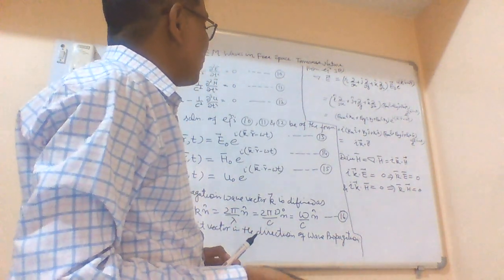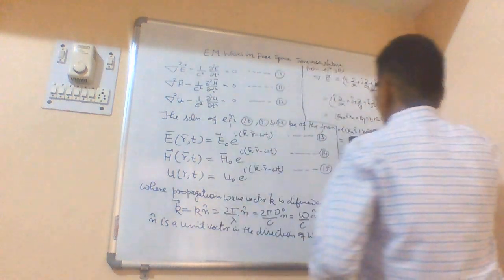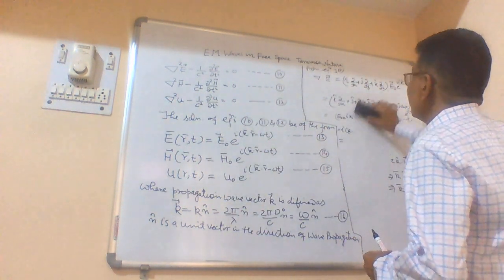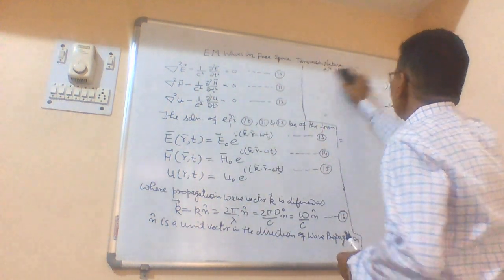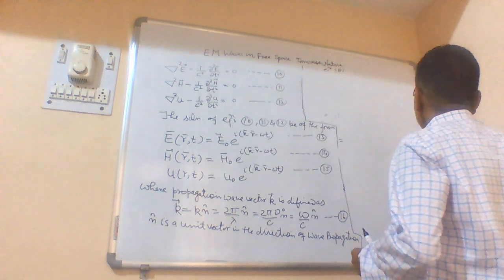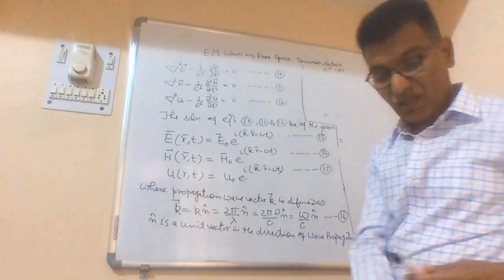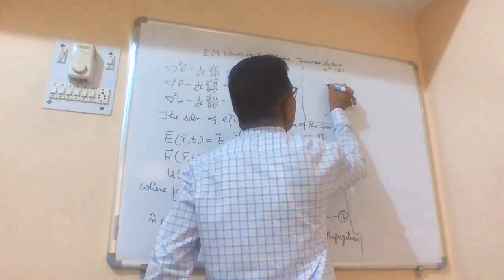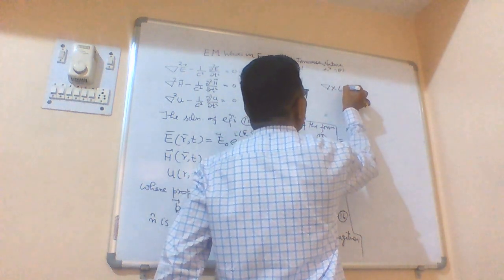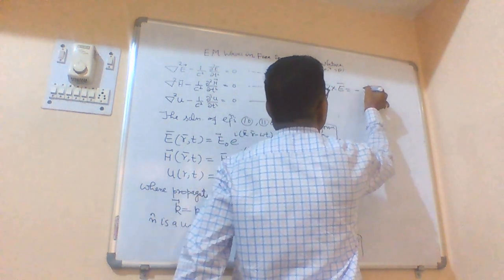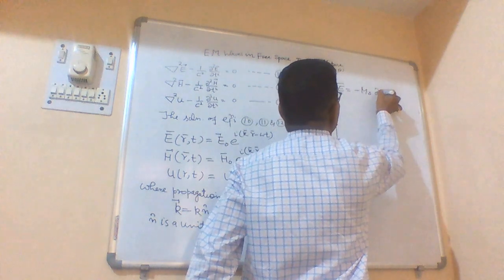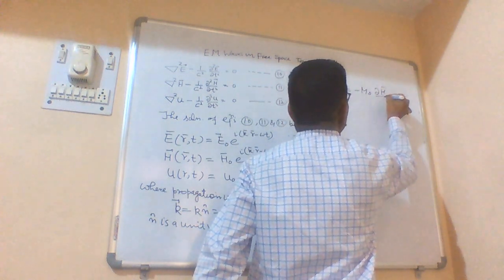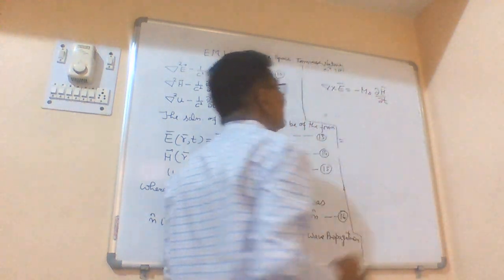Now we will solve equation number 3 C and D. What is equation 3 C? Curl of the electric field, del cross E, is equal to minus mu naught delta H upon delta t.